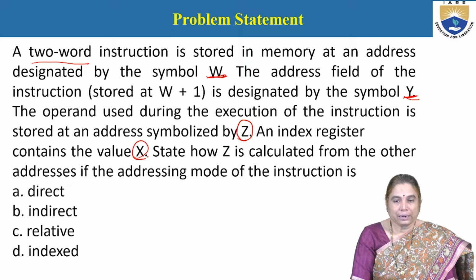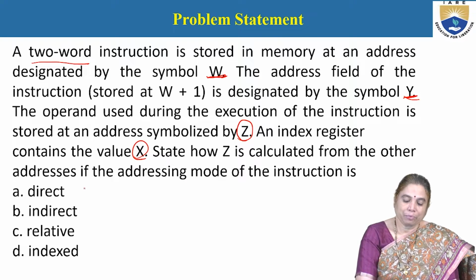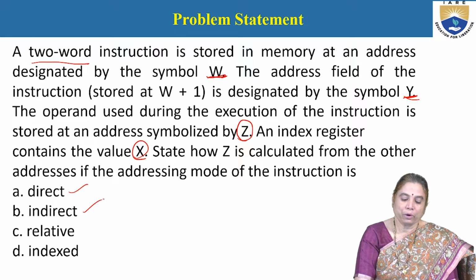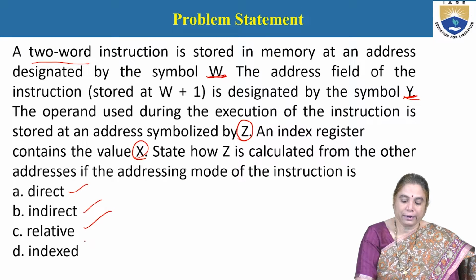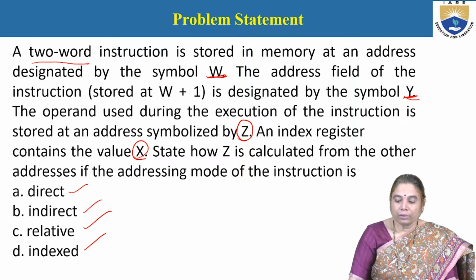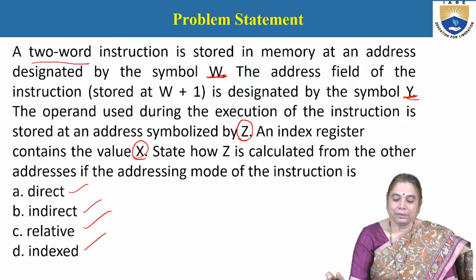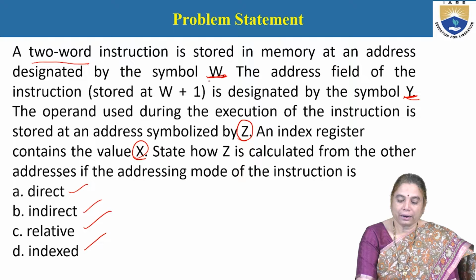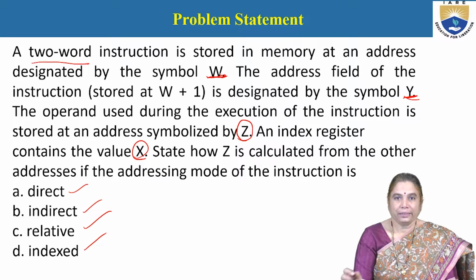State how Z is calculated from the other addresses if the addressing mode of the instruction is direct addressing mode, indirect addressing mode, relative addressing mode, or indexed addressing mode. So here the instruction is stored at an address W, and it is a two-word instruction.